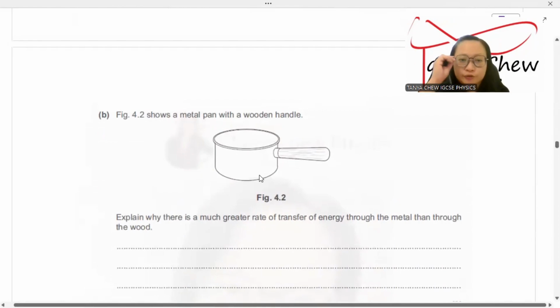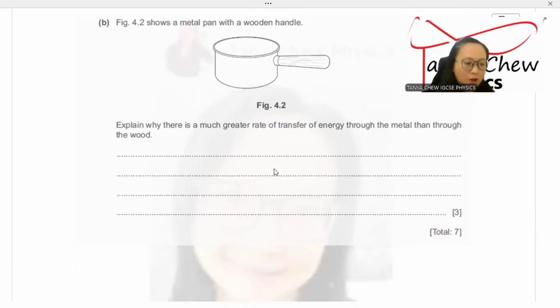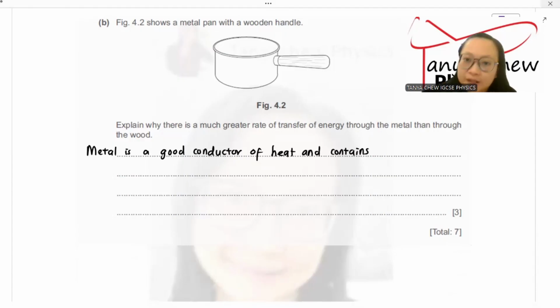Now B, Fig 4.2 shows the metal pan with a wooden handle. Explain why there is much greater rate of transfer of energy through the metal than through the wood. First of all, metal is a good conductor of heat, and metal itself contains free electrons, or you can say delocalized electrons.